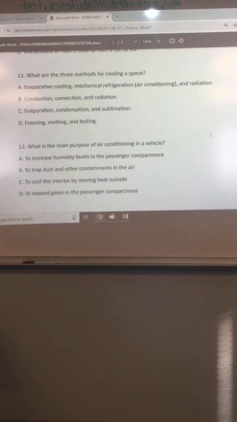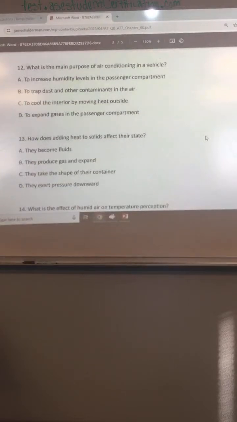All right, 11. What are the 3 methods of cooling space? Yes, A. A is correct. Number 12. What is the main purpose of air conditioning in a vehicle?